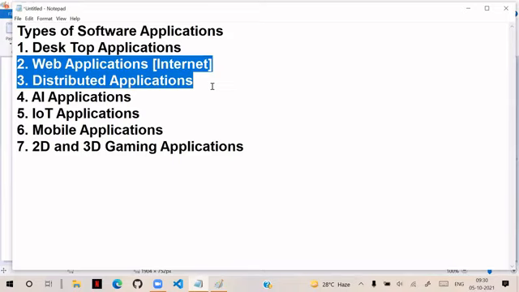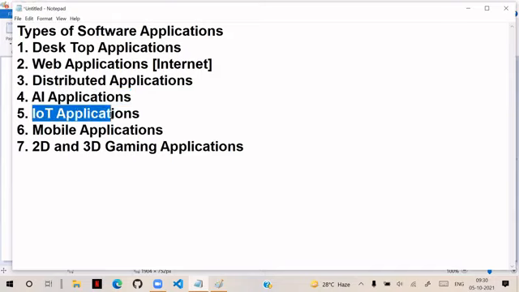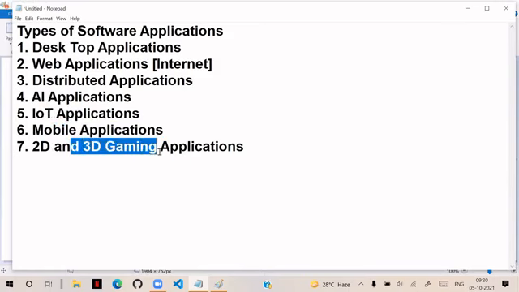Other applications, actually, as a UI developer, you can work for artificial intelligence, IoT, mobile, 2D and 3D also, but not completely. In those applications, you can handle the UI part. For that, you need many other frameworks also.